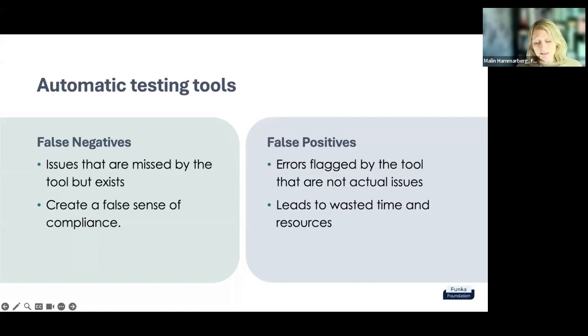And sometimes we think the issue is really large because the same issue is announced several times, but it's a minimal issue that doesn't really affect accessibility. We tend to add a lot of effort to fix that one because there are so many instances in the automatic tool.